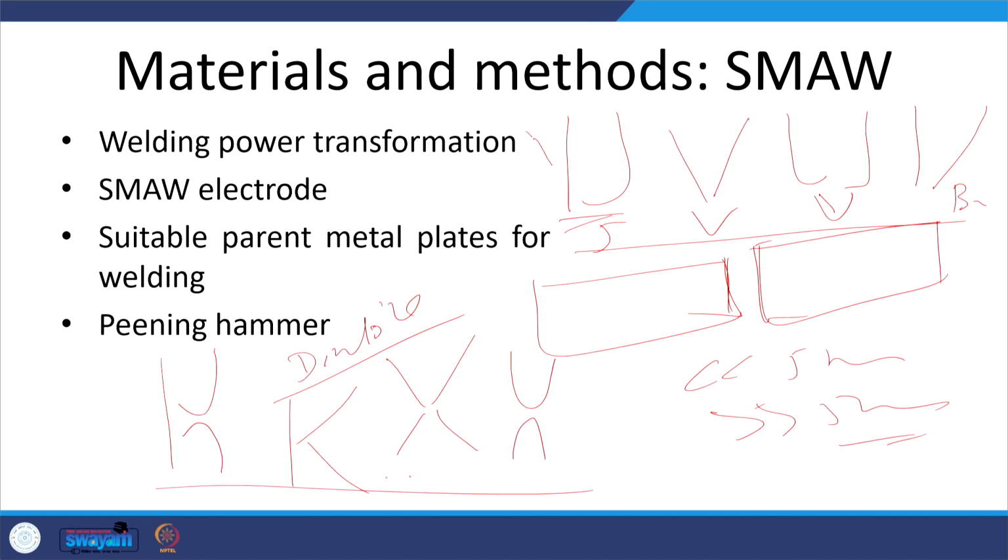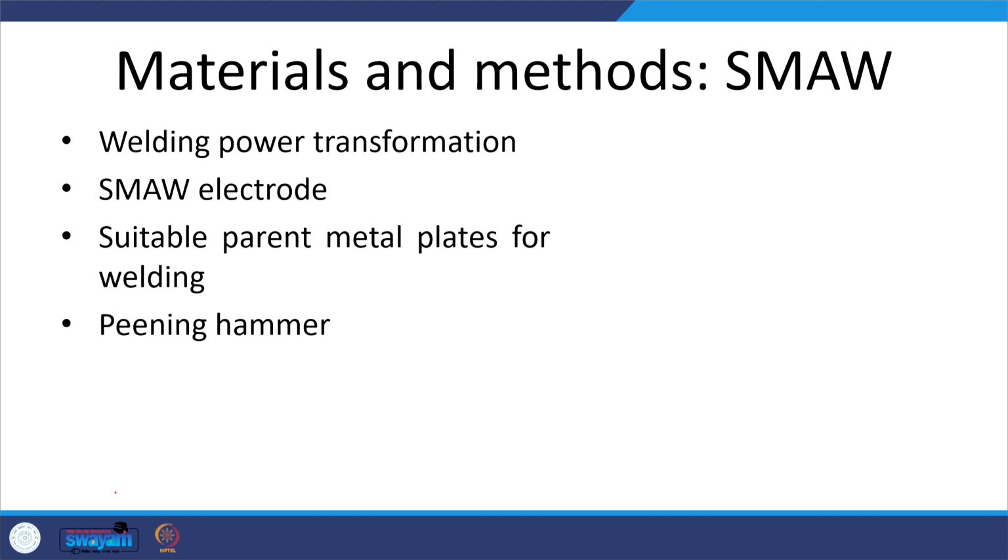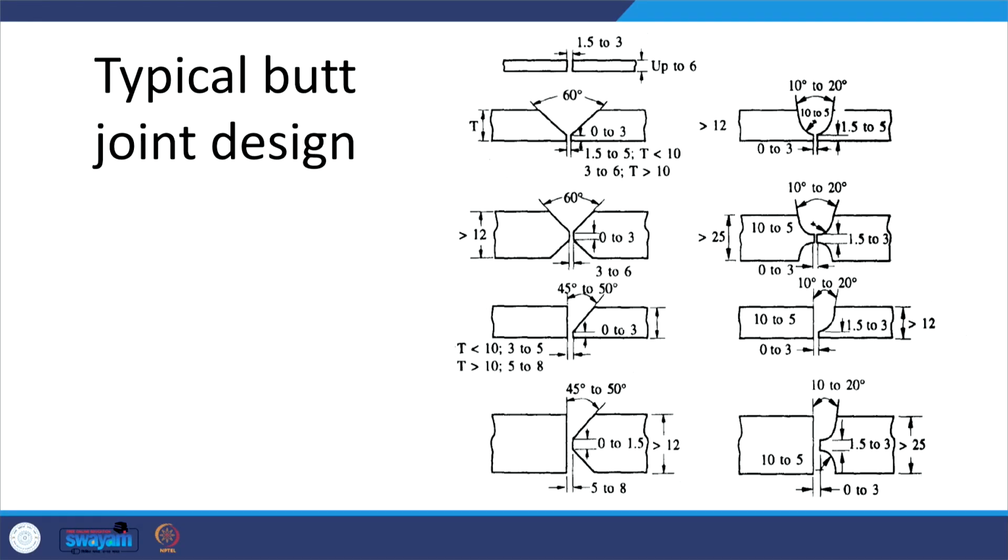So, the double groove preparations are used for further greater thicknesses, which offer many benefits in terms of the volume of the weld metal to be deposited, in terms of the residual stress and distortion control. So, in the following section, now we will be seeing the different types of the joint designs which are used.